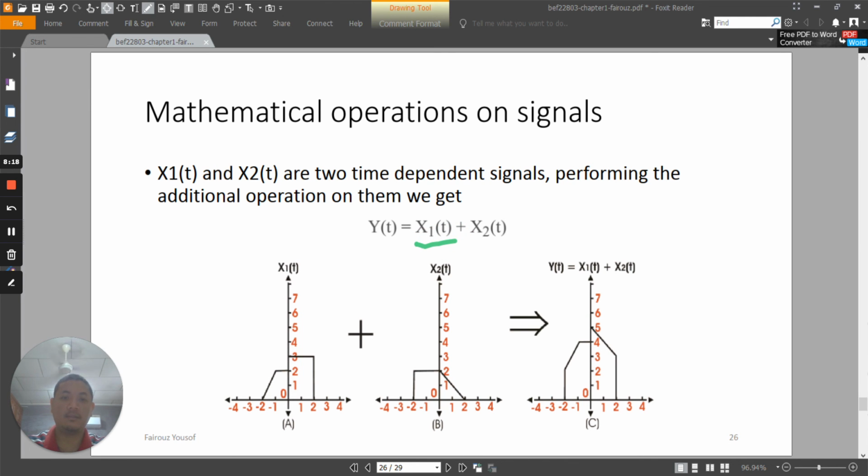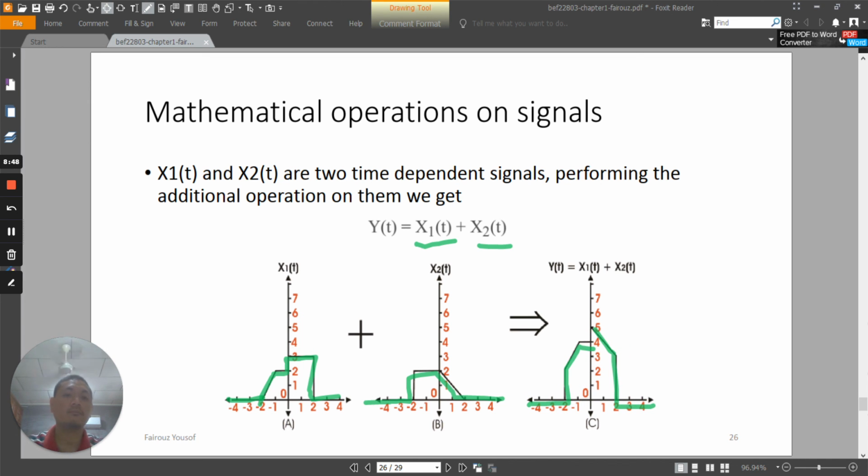x1(t) plus x2(t). Instead of multiplying two signals, here we add them together. For example, x1 is this, then x2 is this. The addition between these two will give this.